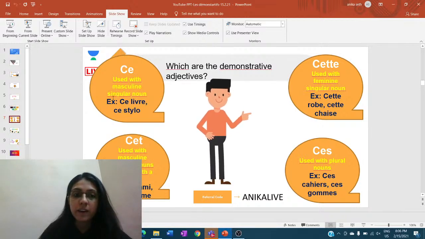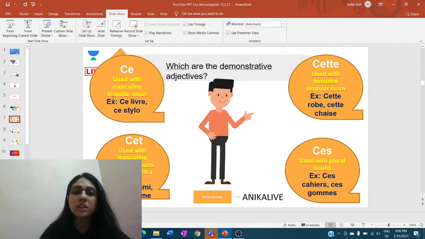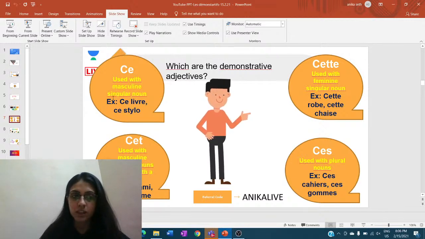Like this, there are of course many other masculine nouns also: ce cahier, ce crayon, ce dossier. It can be any of the masculine singular nouns, right? So ce, the first demonstrative adjective, is used for masculine singular nouns.